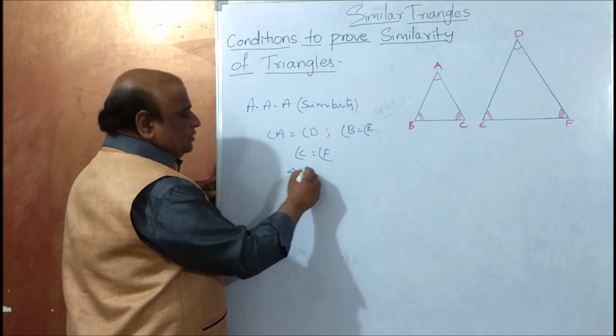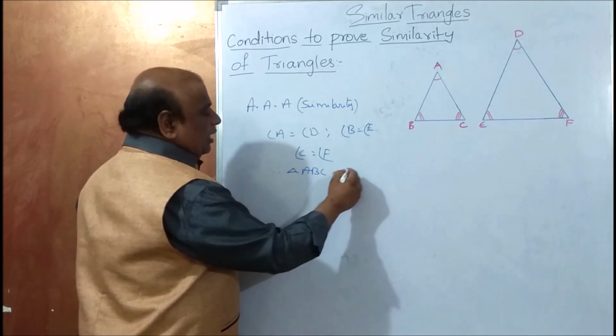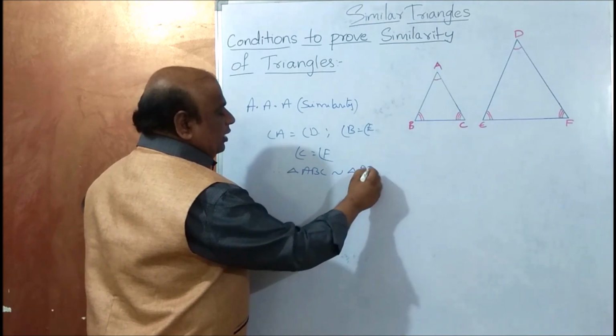Therefore, triangle ABC is similar to triangle DEF.